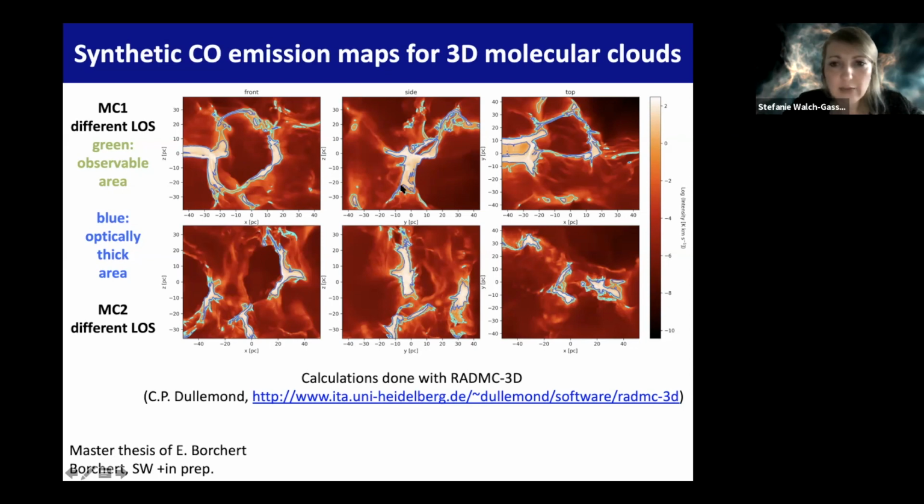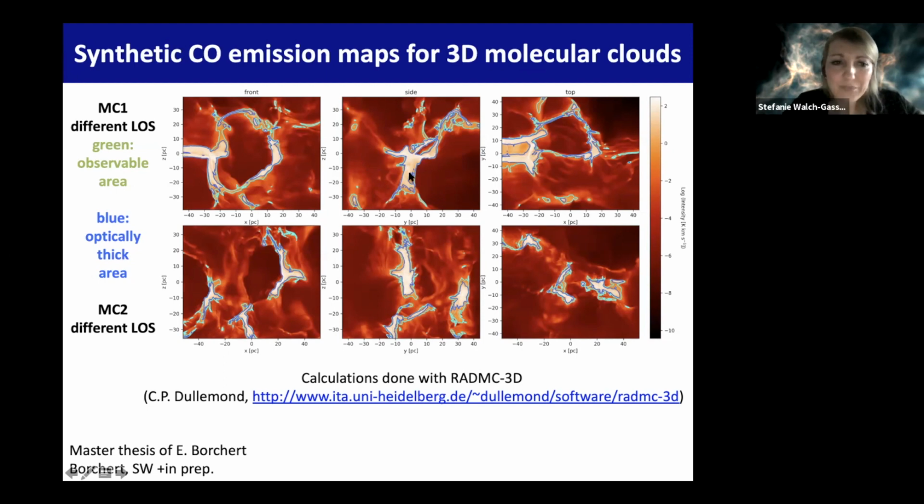First of all, as you probably know, 12CO becomes very quickly optically thick. What we show here is two contours. One is what we call the observable area. We set an intensity threshold of 0.1 Kelvin kilometer per second. It depends, of course, on your instrument what exact sensitivity limit you have, but we use 0.1 Kelvin kilometer per second.